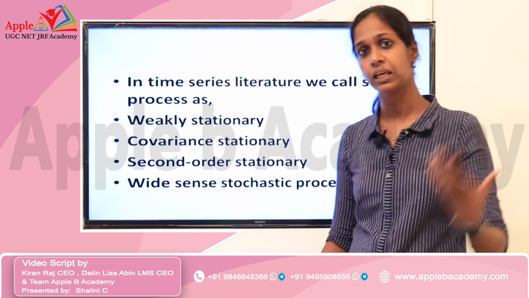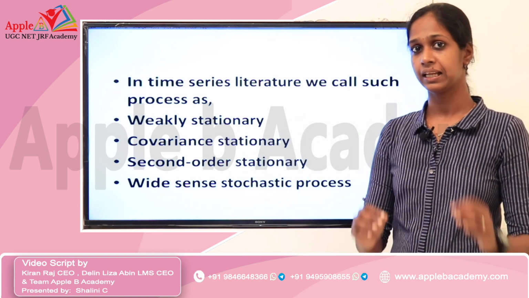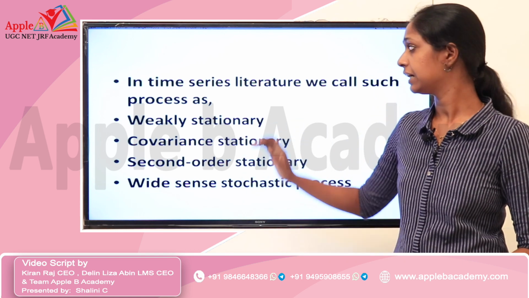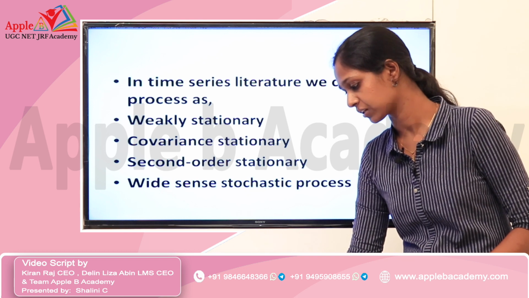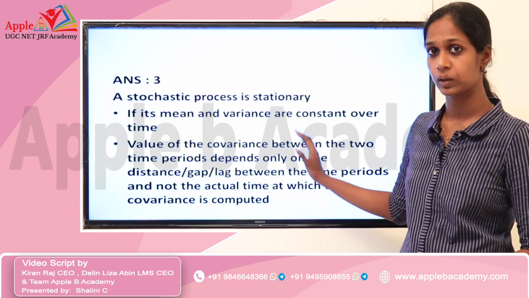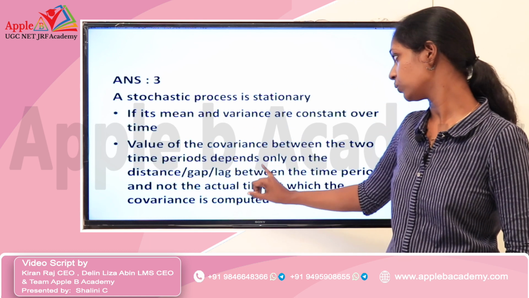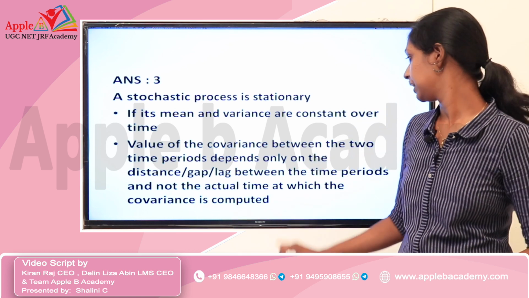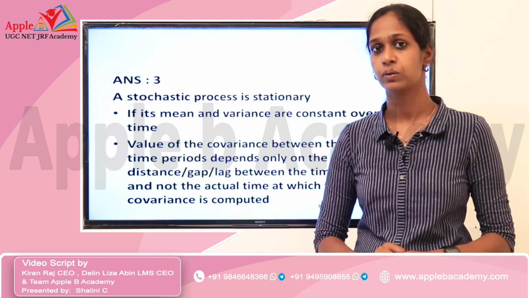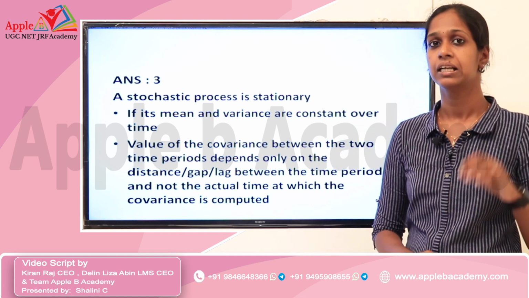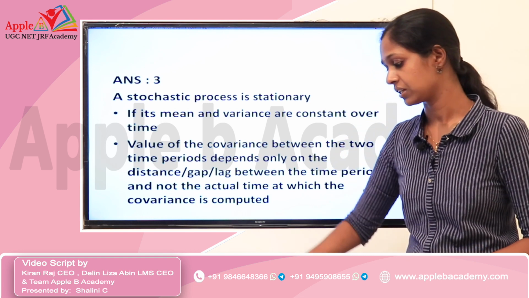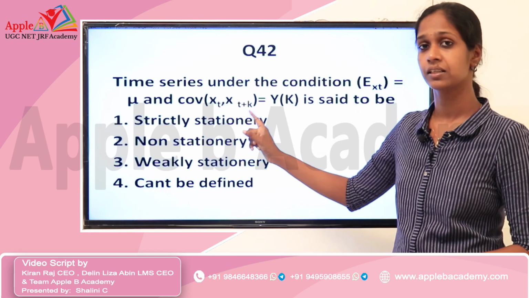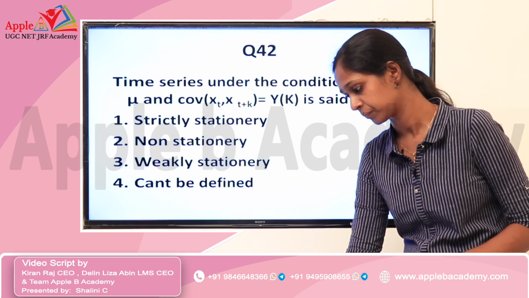That is what we are looking at in this question: weakly stationary, because its mean and variance are constant over time and the covariance value between 2 time periods depends only on the lag period and not on the actual time at which the covariance is computed. That is why the given time series is called weakly stationary.